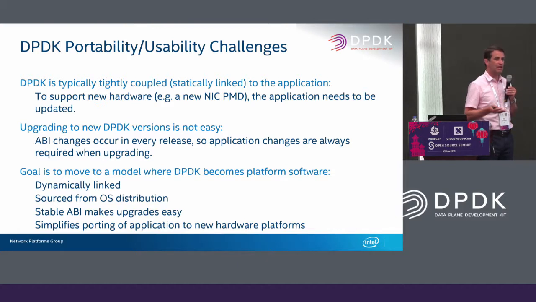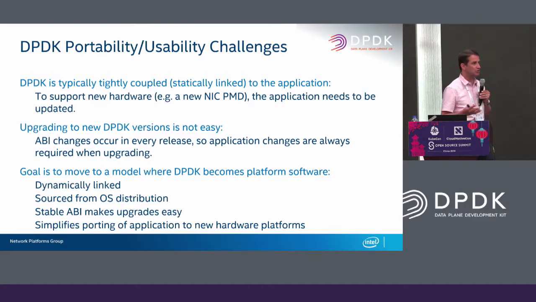We change the ABI in pretty much every release, so you have to make application changes every single time. So we've been looking at ways to move to a model where DPDK becomes more traditional platform software. So it's dynamically linked, sourced from an OS distribution, has a stable API, and simplifies porting or upgrading of the application to move to new hardware.